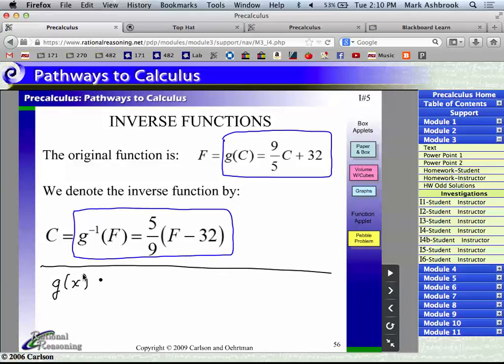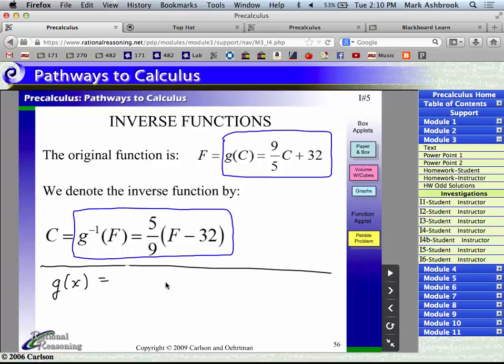X generically means input. So what is G of X? Someone tell me what G of X is. Diana, what's G of X? If G of C is 9/5 C plus 32, then what's G of X?